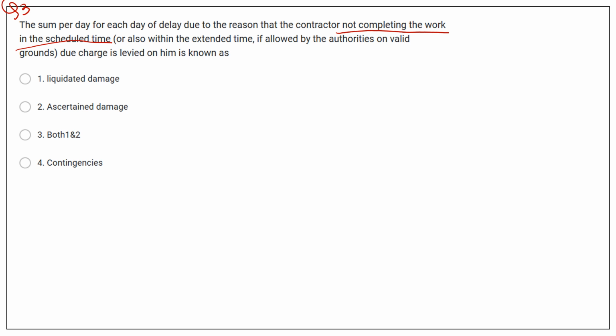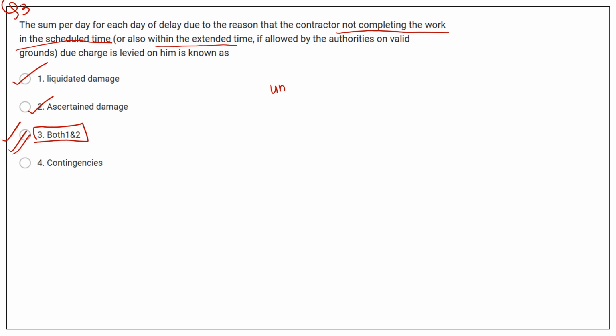So not completing the work within the scheduled time or within the extended time is nothing but liquidated damage, and liquidated damage is also known as certain damage. So here option number 3, both 1 and 2, is correct. Option C is correct here.